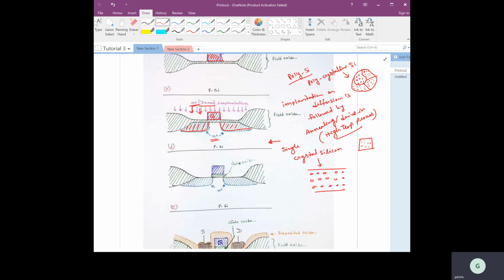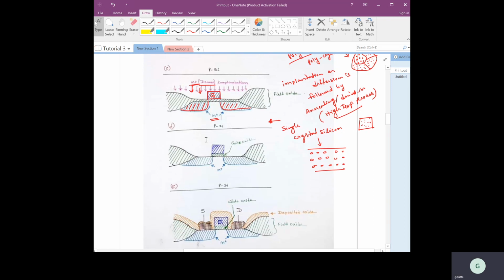In the same way, if you are making PMOS, then these two regions have to be P plus and P plus, so we have to implant some acceptor impurities, and in that case the polysilicon gate will be doped with P type, right? So recall that and please try to figure out why we have to do that. Why for NMOS it has to be doped with N type, and for PMOS the gate is preferably doped with P type, right?